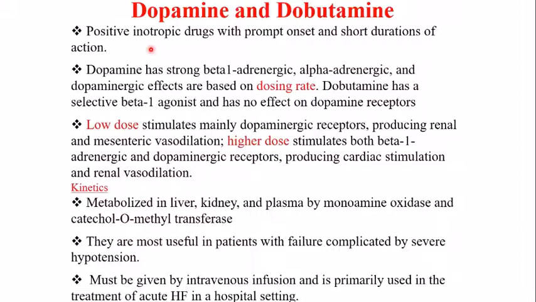Beta adrenergic agonists ultimately lead to increased entry of calcium ions into the myocardial cells and enhance contraction. Both of these drugs must be given as intravenous infusions and are primarily used in the short-term treatment of acute heart failure in hospitalized settings.